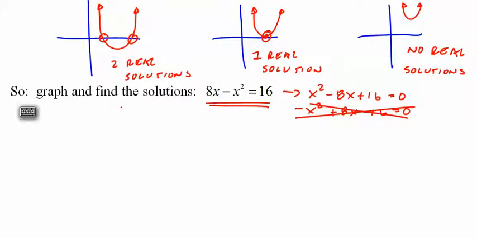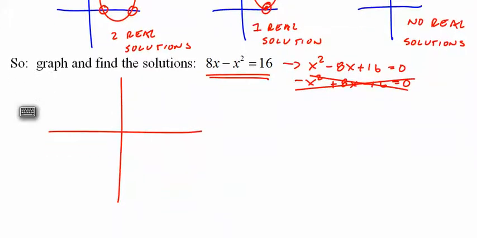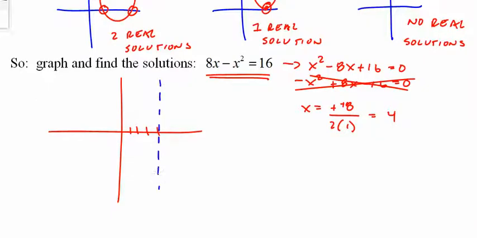So we go to graph it. And to graph it, we need the vertex. So we'll do some work over here. Negative 8 over 2 times 1 equals 4. So we're going to have an axis of symmetry there.